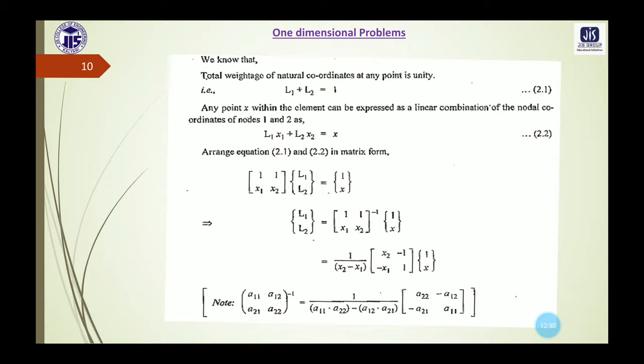So that means [L1; L2] can be written as the inverse of the matrix [1 1; x1 x2] multiplied by [1; x]. Now if we take 1 by (x2 minus x1) as common, then we are left with [x2 minus 1; minus x1 1] multiplied by [1; x].